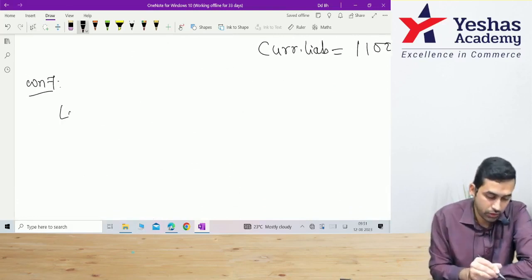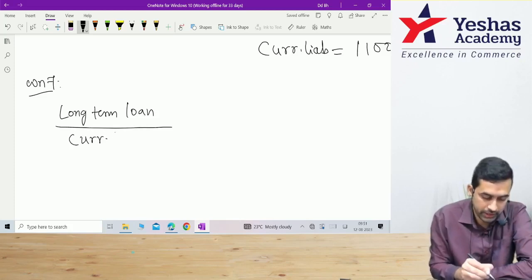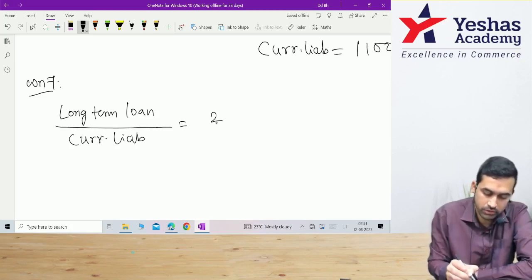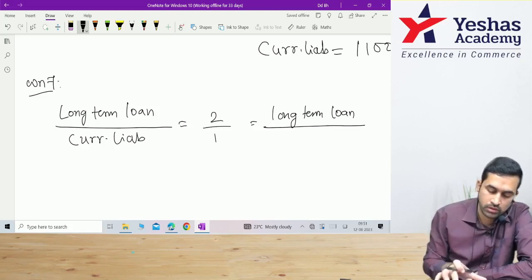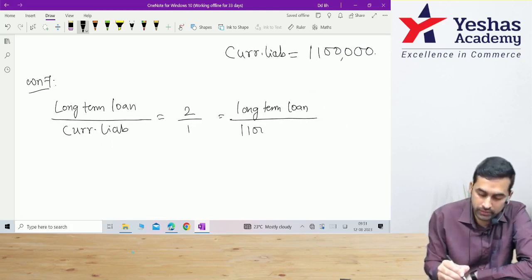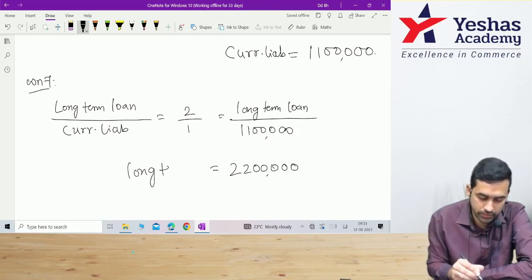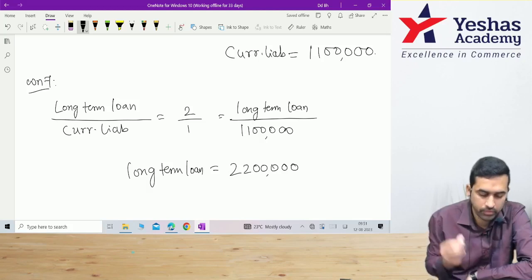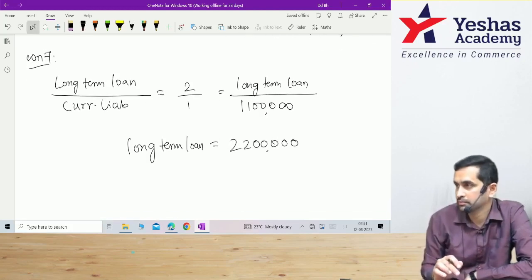It says long-term loan to current liability is equal to 2:1. Therefore, long-term loan by 11 lakh, if you cross multiply, you get 22 lakh as long-term loan.